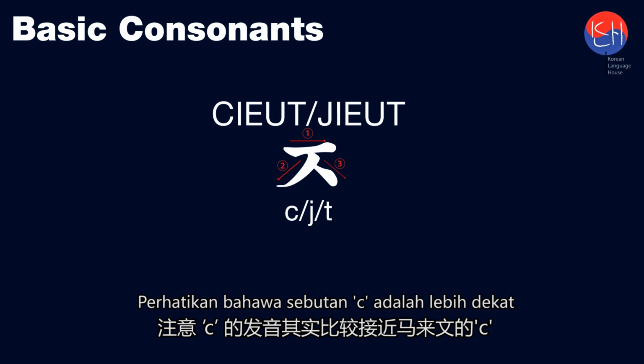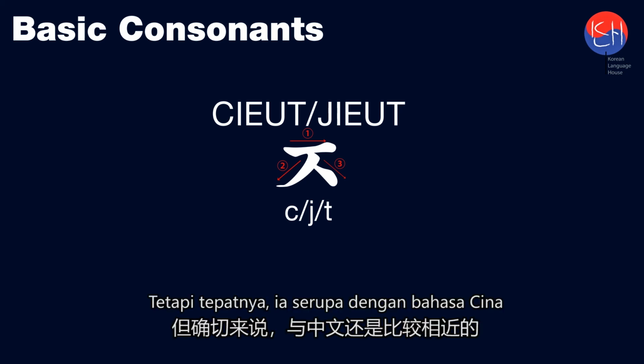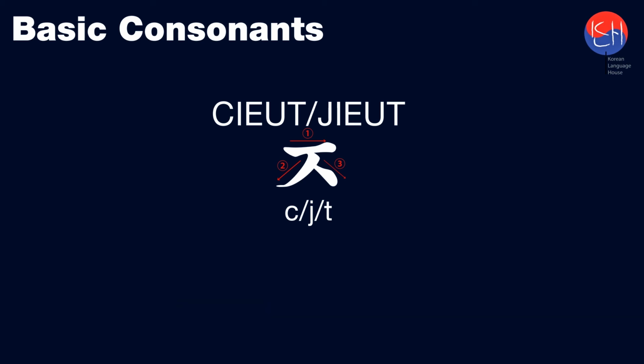Note that the C sound here is closer to the C in BM than in English, like cendawan, not cat. It's not an exact equivalent, but it's closer. For Mandarin speakers, it's the T in 吃. Here's an example. 자연, 자연.